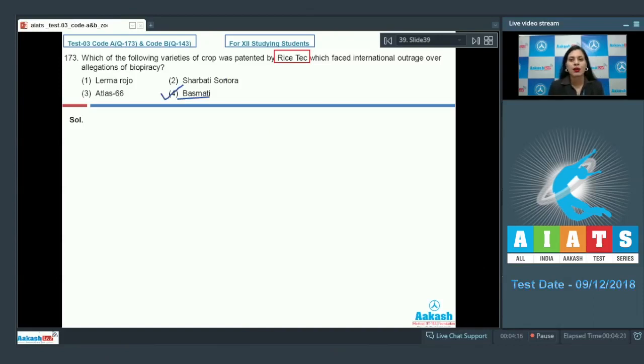There are nearly about 27 varieties of this type of rice in India, and it is this variety of basmati rice which was patented by this RiceTec company, and it has faced the international outrage over allegations of piracy. Now let's discuss other options also. First option Lerma Rojo, second Sharbati Sonora, and third Atlas 66 are the incorrect options because these are the varieties of wheat and not rice. So the correct answer for this question is option number 4. Let's discuss our next question.